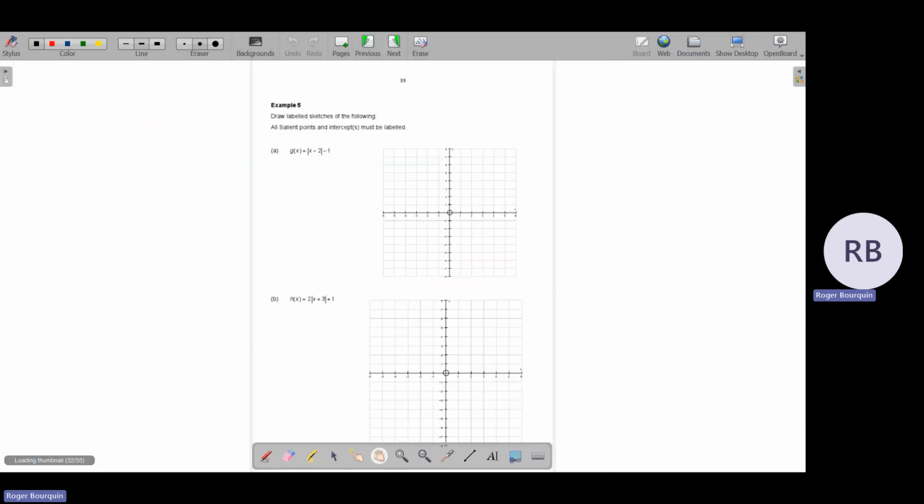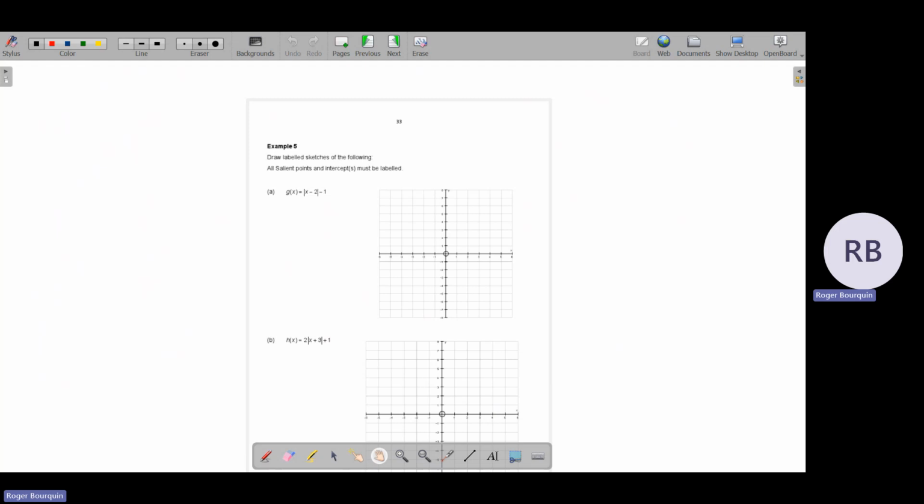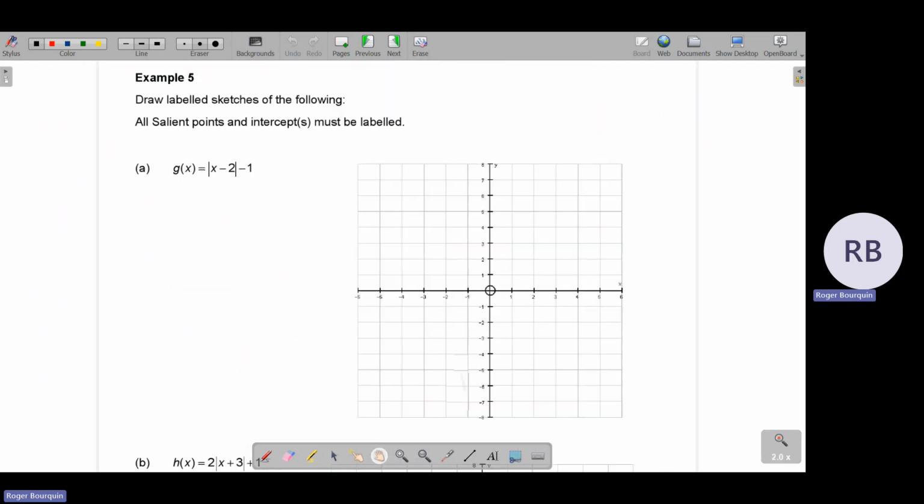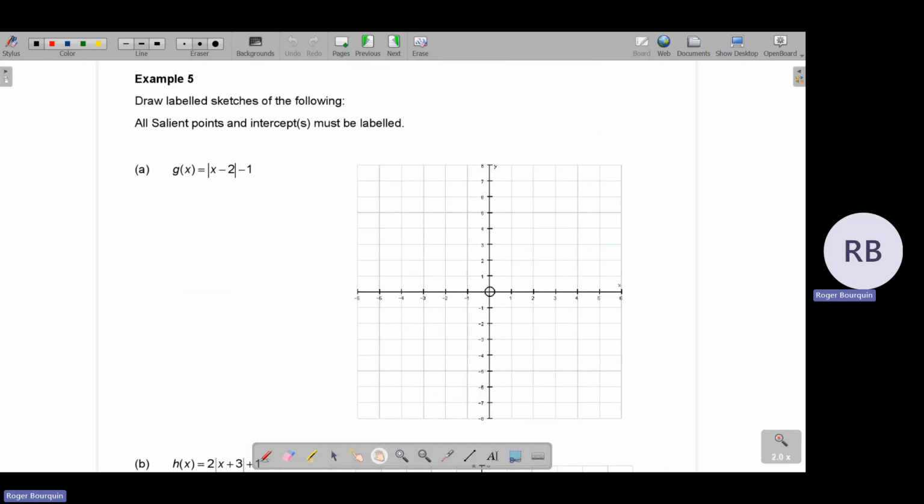Okay, let's just do one example. Right, so if I gave you this, g of x is equal to the absolute value of x minus 2, minus 1. The first thing, quickly go to the shape and tell me the coordinates of the salient point.